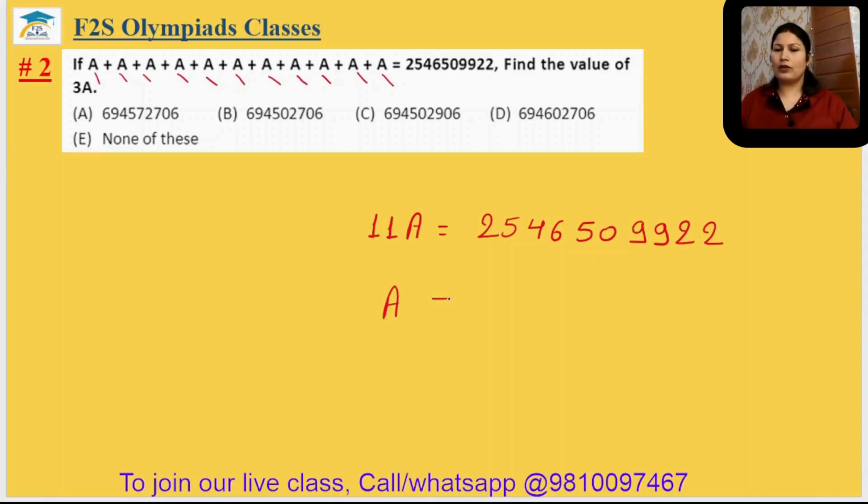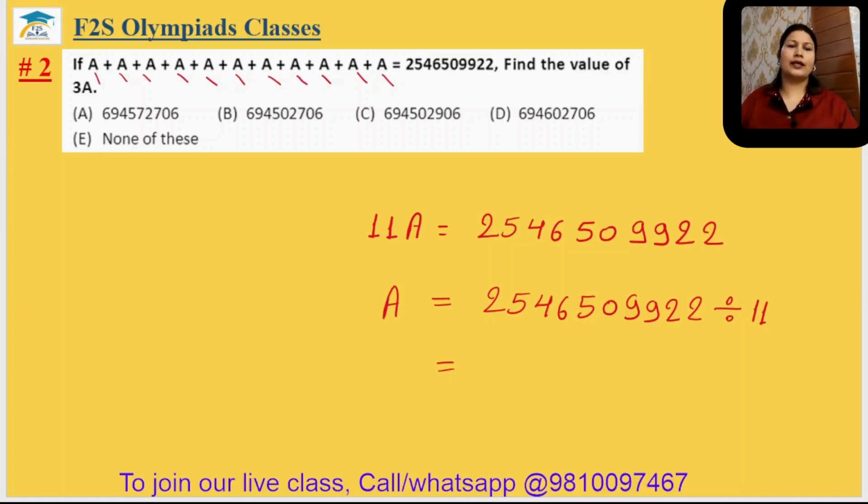So A will be equal to 2, 5, 4, 6, 5, 0, 9, 9, 2, 2 divide by 11 equal to what? So you can divide this in your notebook. That is 2, 5, 4, 6, 5, 0, 9, 9, 2, 2, divide by 11.